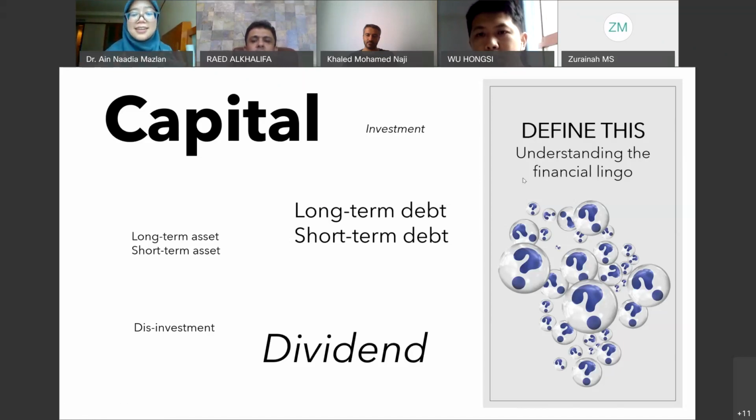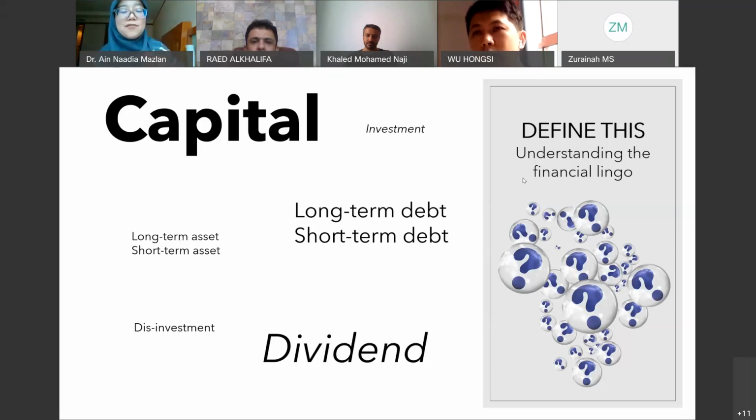Another difference is long term and short term. Listen to this. When we talk about long term and short term, the difference is how many years it takes. Short-term assets are assets that we are going to use or have within 1 year.